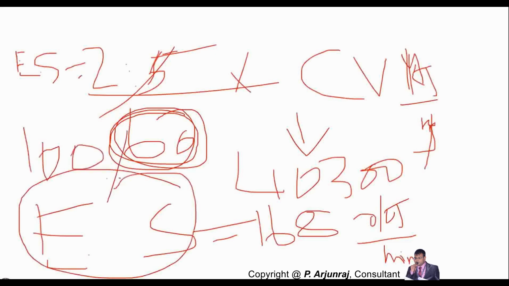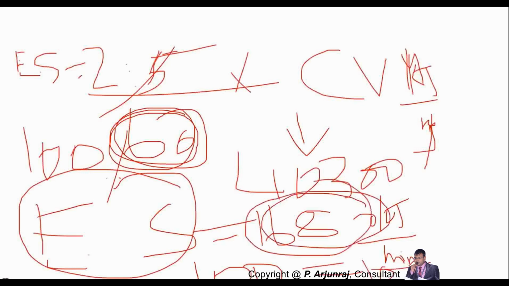And now what we need to do is the energy distributed. Okay, so we need to ensure that energy supplied and energy distributed both should be 100%. It means the energy distributed should also be equal to 1680. Okay, so what are all the things that will come in case of energy distributed?